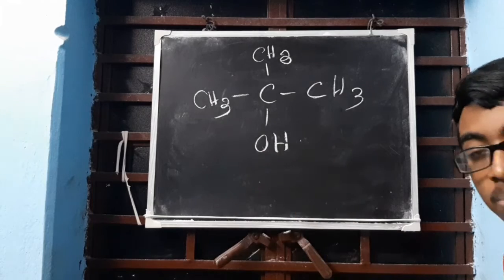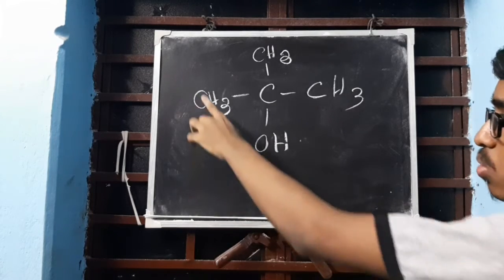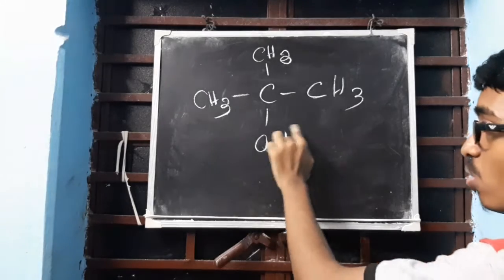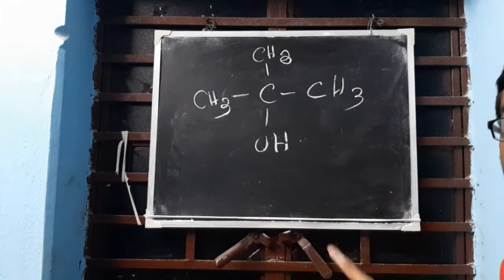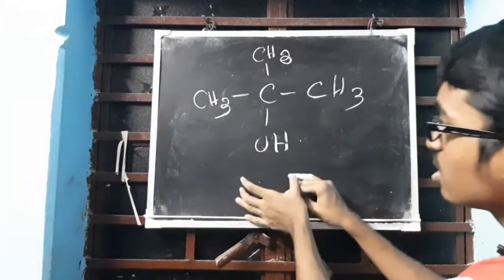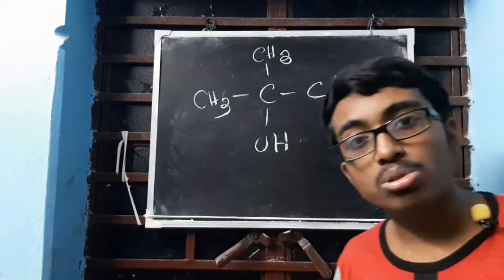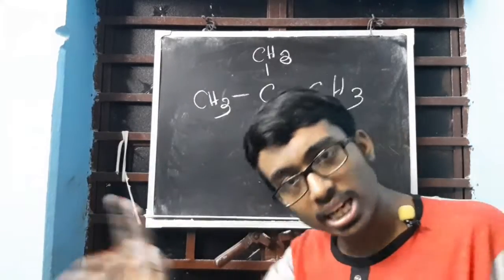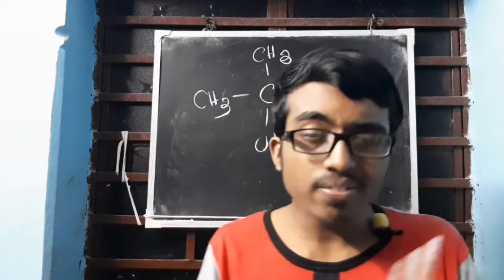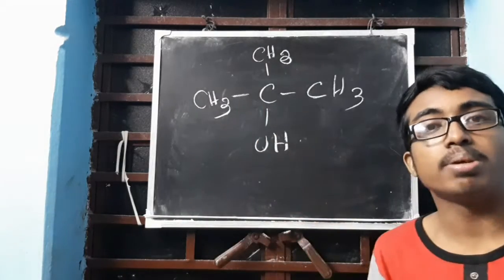Alcohol is a functional group. So you cannot take this as the main chain or this as the main chain. You have to include this in the main chain. Though it has fewer carbon atoms, I accept it. Whenever there is a functional group, you have to include that in the main chain. Okay?